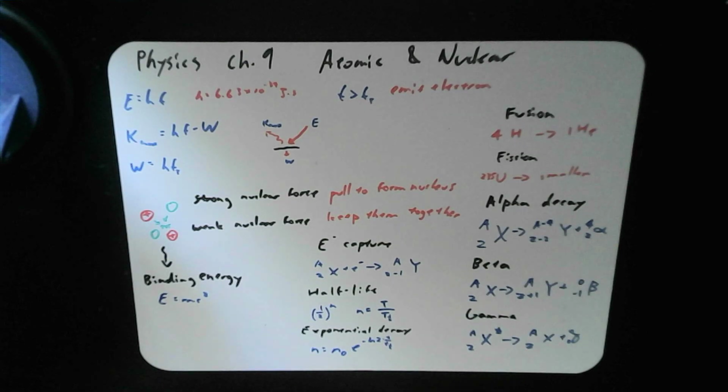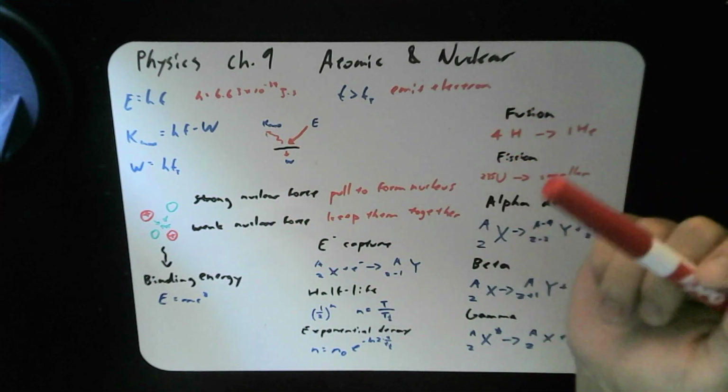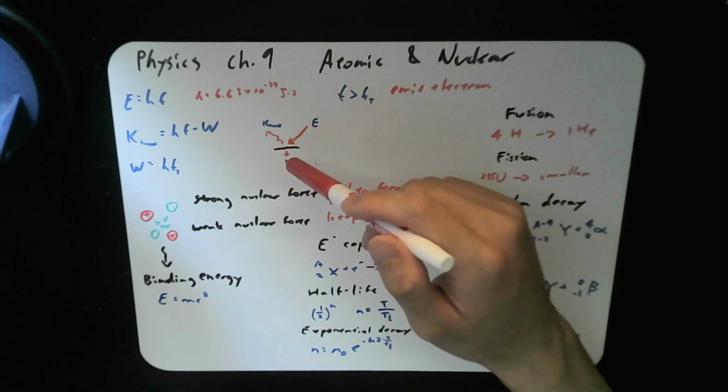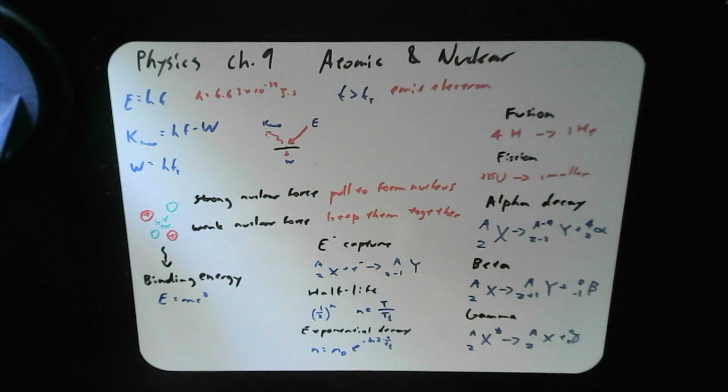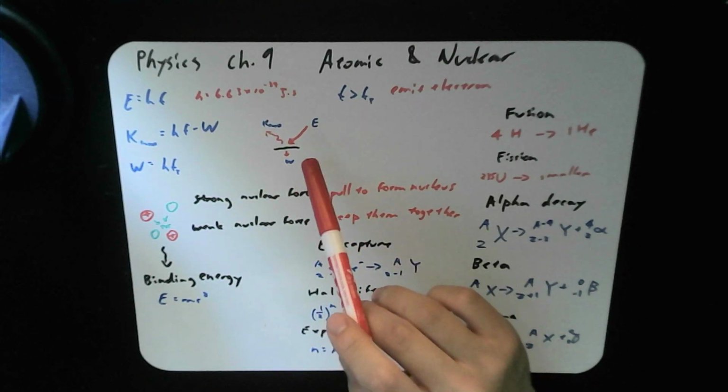photoelectric effect. The photoelectric effect is when an energy or a beam of light is shined at a metal. It will result in the emission of an electron or electrons at a certain kinetic energy and at a certain speed and velocity as well.